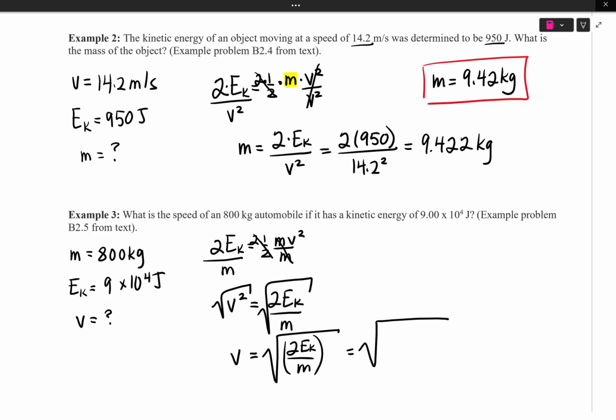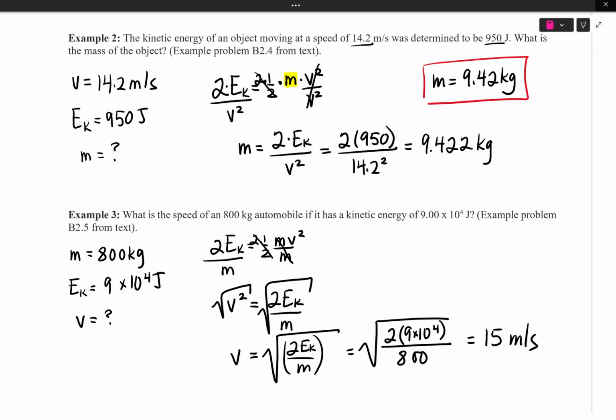Okay, so let's plug in our numbers. This will be 2 times 9 times 10 to the 4, all divided by 800. And again, you should always be taking a look to make sure that your units are adding up, or that are the same. And so for this one, you should get 15.